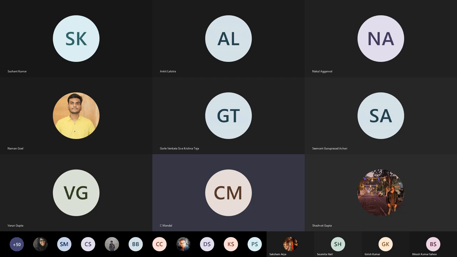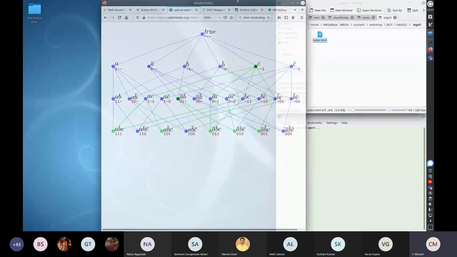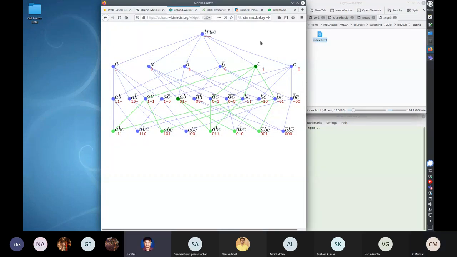Okay. Yeah. So just to confirm, I hope I'm audible. So can you please confirm? Yes, yes, you are audible, and slides are also visible. Okay. Right now I'm just showing this diagram from the web page.